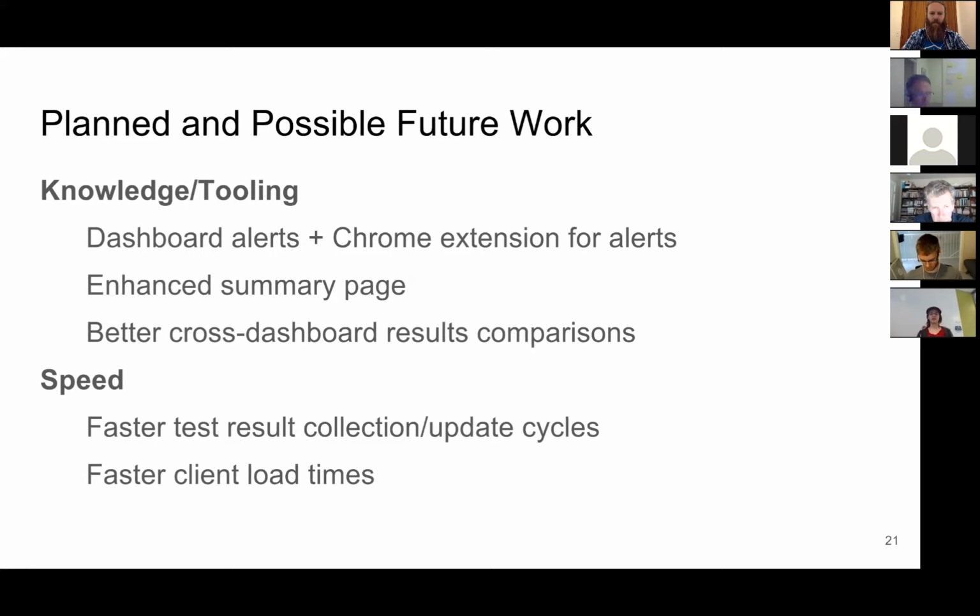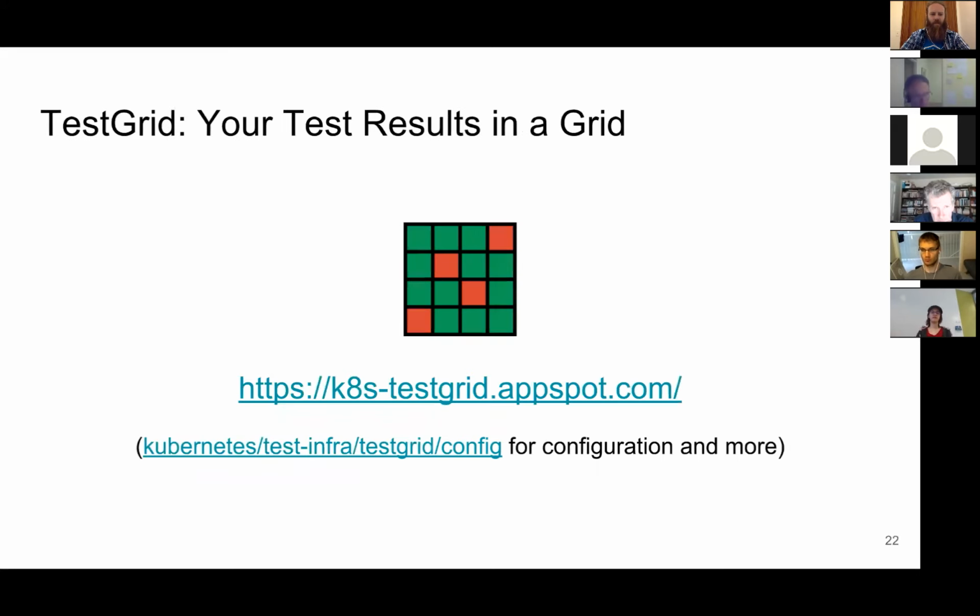And then as always, we'd like to make the update cycle faster and make it faster to actually load all of the results on the client. So yeah. Configuration stuff lives in test infra, test grid config, and then the actual Kubernetes instance is available at that link.